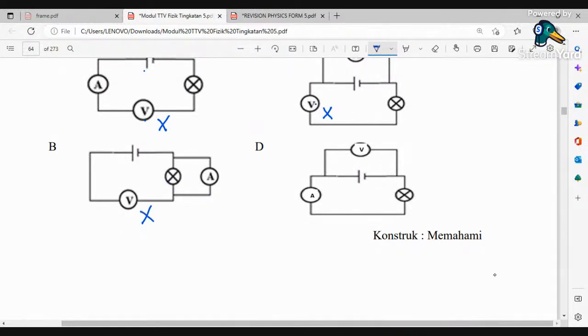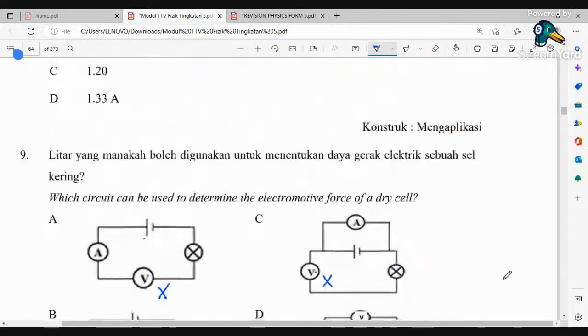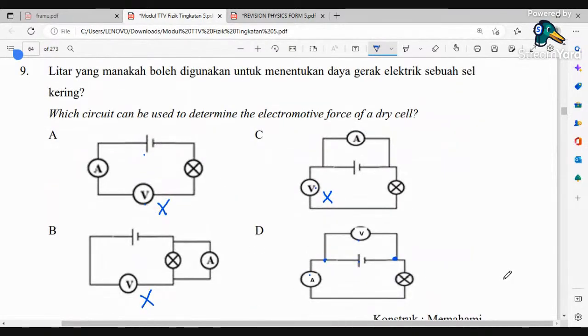And then D, voltmeter across the battery. When the current flows, the voltmeter here will measure potential difference across the battery. So this circuit, you must open the switch. Let's say we have a switch here.